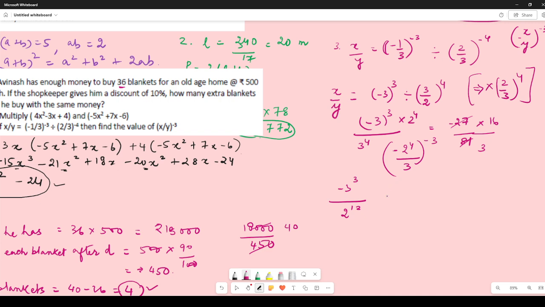So this will be minus 27 by 2 to the power 12, or you can leave it this way as well, too long multiplication, so just leave it as minus 3 to the power 3 by 2 to the power 12. That will be the correct answer.